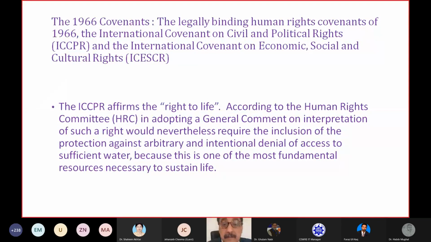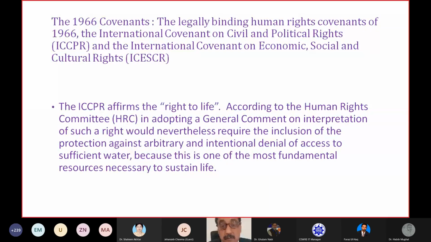The right to life has been further defined by the Human Rights Committee, HRC, adopting a general comment. Its interpretation would nevertheless require the inclusion of protection against arbitrary and intentional denial of access to sufficient water, because this is one of the most fundamental resources necessary to sustain life.